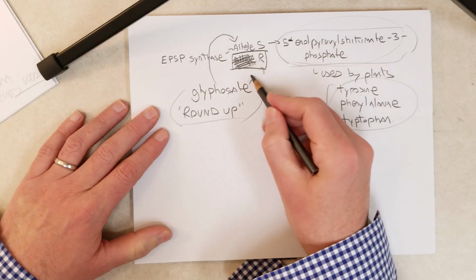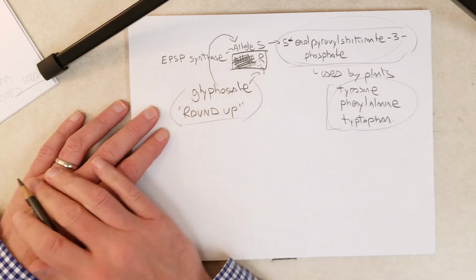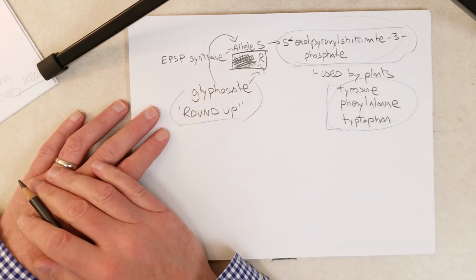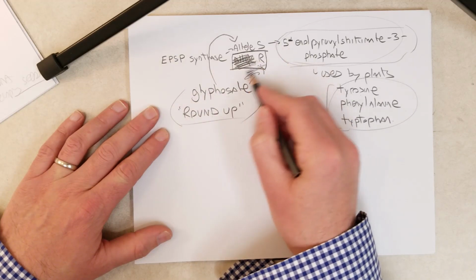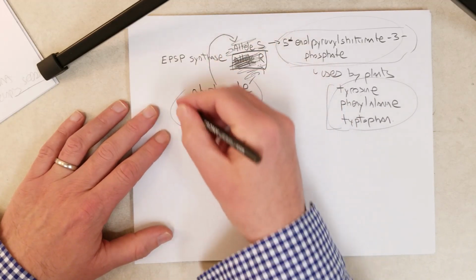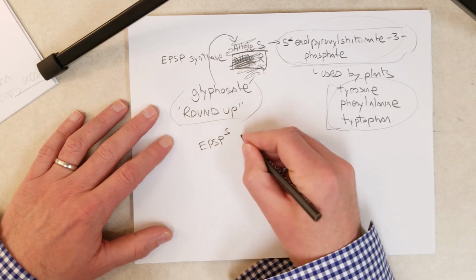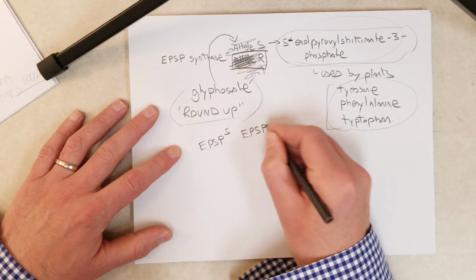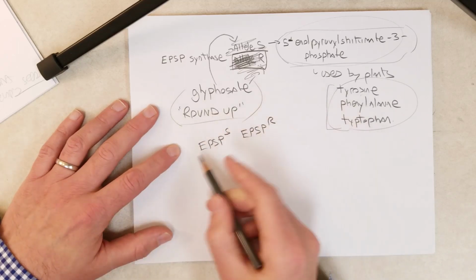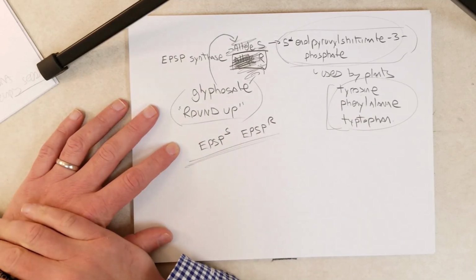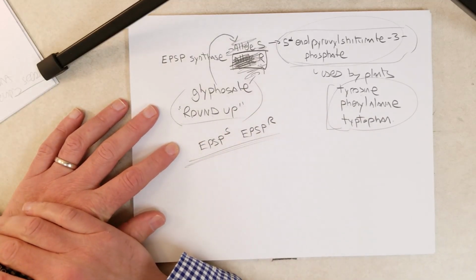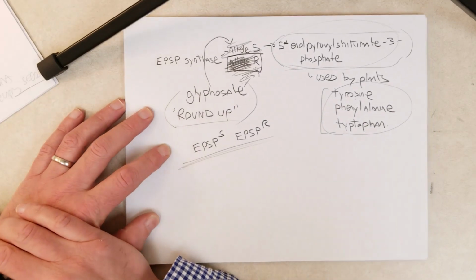I don't really know the history of where the resistant version of EPSP synthase comes from. But in the notes, we distinguish between the sensitive version, EPSPS, and EPSPR. So we'll call them alleles. Different versions of the same gene, so we can call them alleles and be safe.